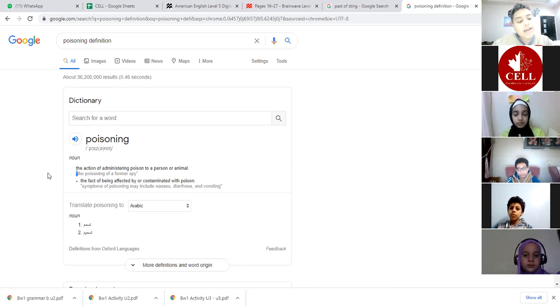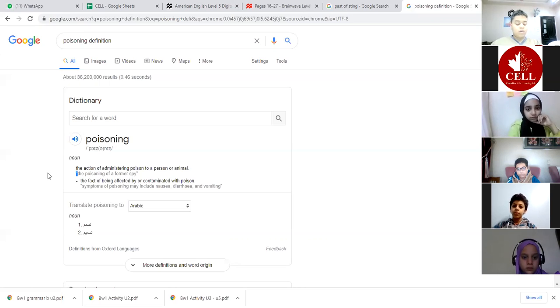So a person, we can poison like an animal or a person. Kill him. What? Like we can put poison to kill an animal. You can poison a person or you can poison an animal. Okay, so the action of getting poison. You got poison by an animal.